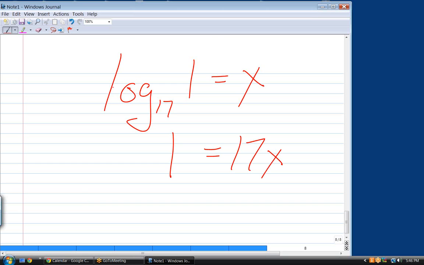No. 17 to the x power. There's a big difference. If I put the x down here, that is an algebraic expression. I can solve for x easily. x equals 1 over 17. But if I put the x up here, it only has one value for x. What is it?